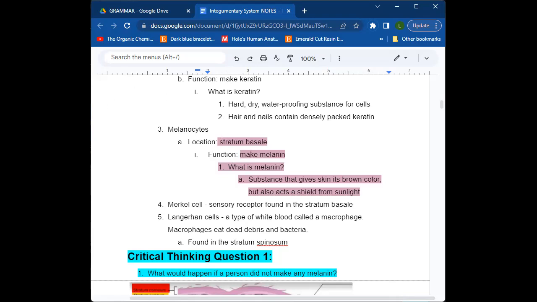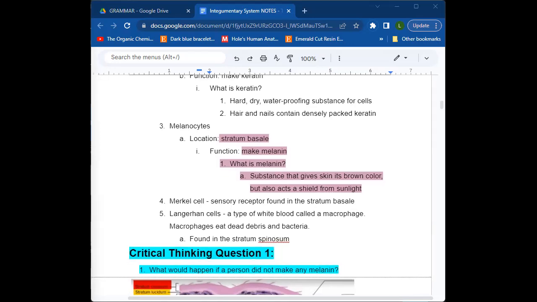Then the fourth type of cell are Merkel cells. So Merkel cells are sensory receptors found in the stratum basale.